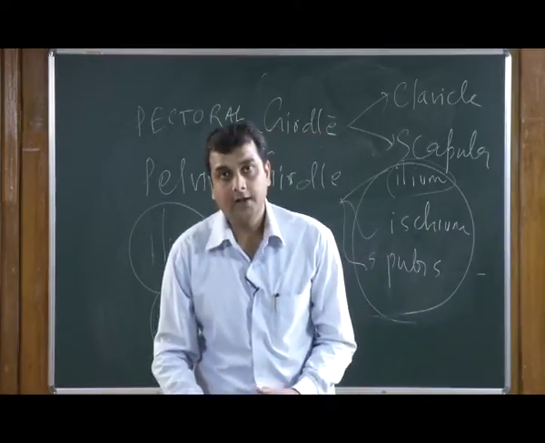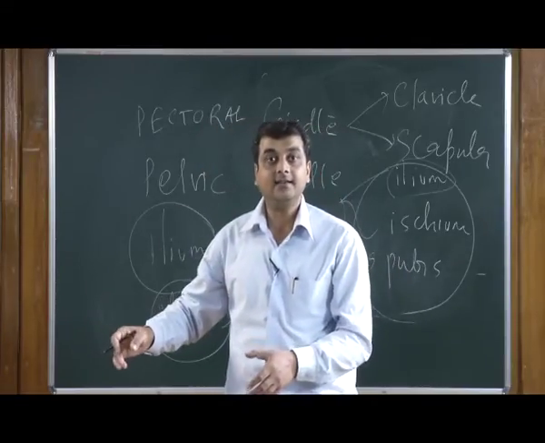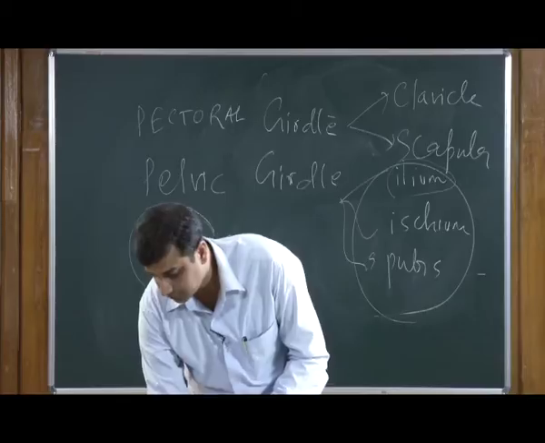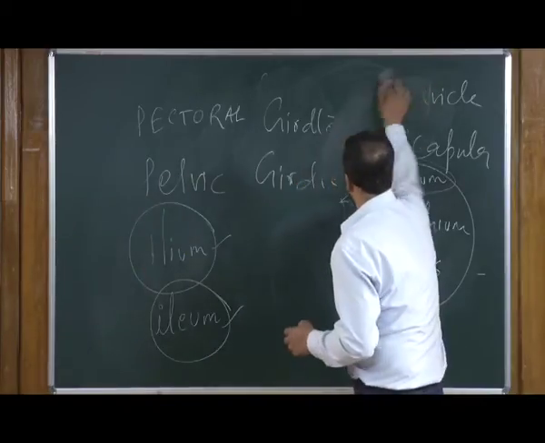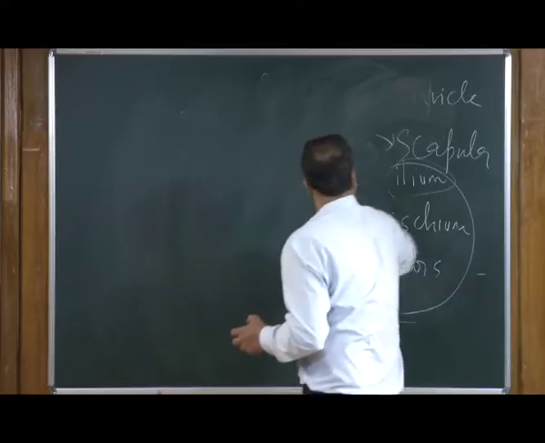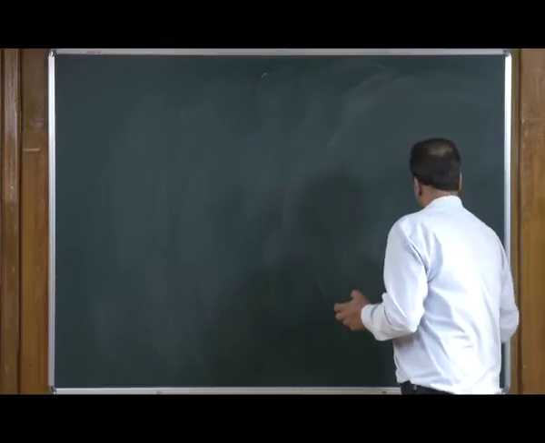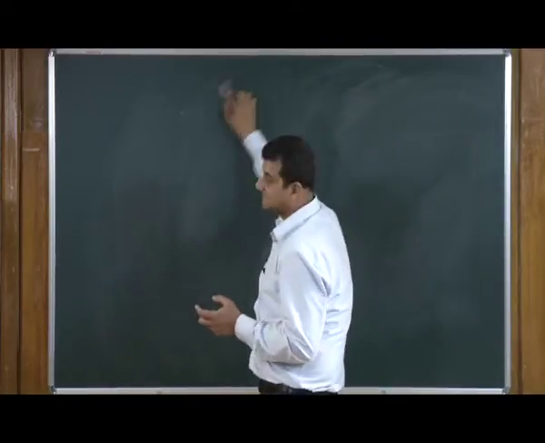Let us move on to a very important aspect of this bony framework, and that is joints. Joints are very important because you can't do movement if you don't have joints intact.